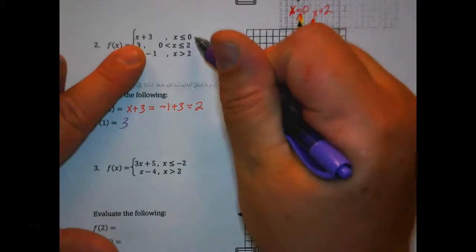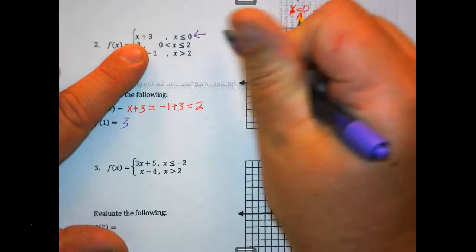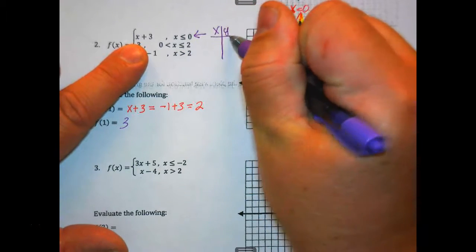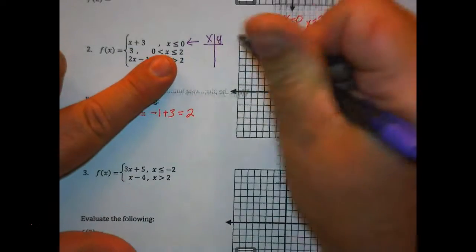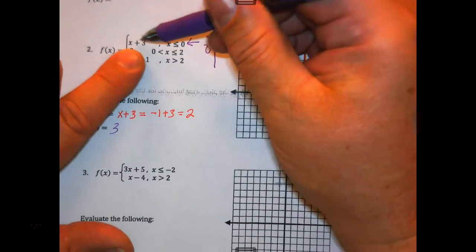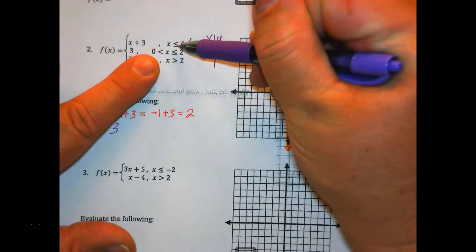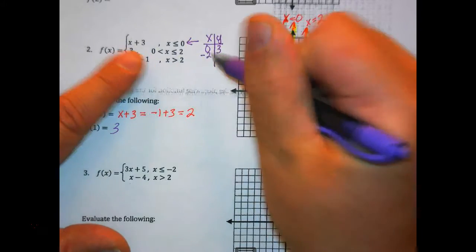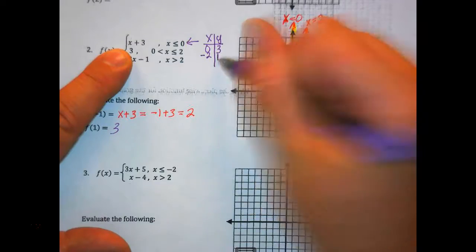Okay, let's do a chart for the first one, of my X and Y. Which one do I have to use for the first one? 0. If I plug in 0 for X, I get 0 plus 3 is, I need another number less than 0. Negative 2. Negative 2 plus 3 is 1.